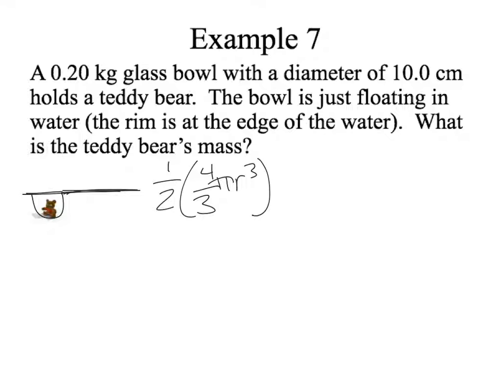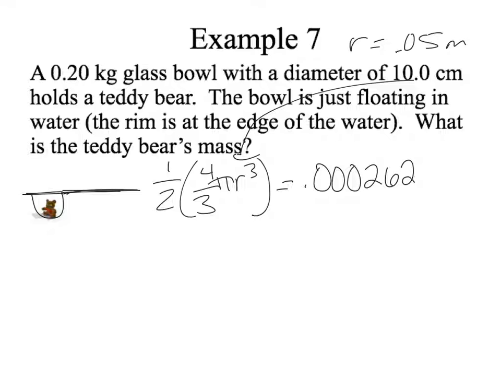Okay, I would probably tell you what to use for volume, but here's the volume. I'm going to go ahead and the radius would be 0.05 meters. Plug that in, and we would get the volume of this thing, and it would be that.